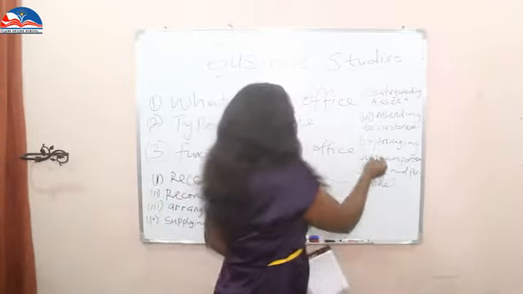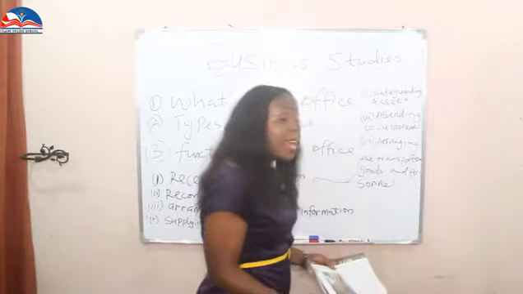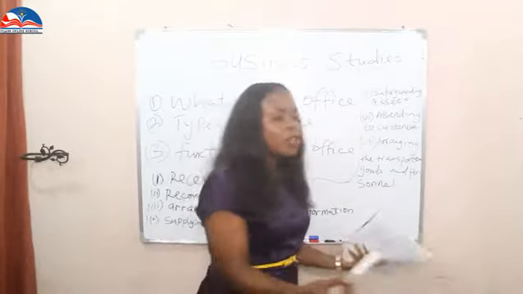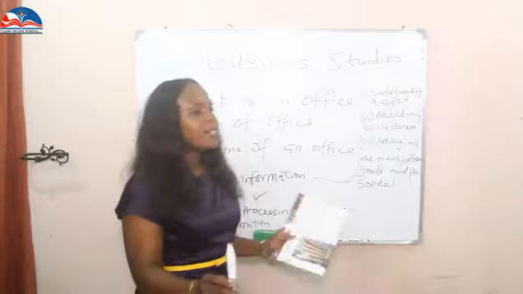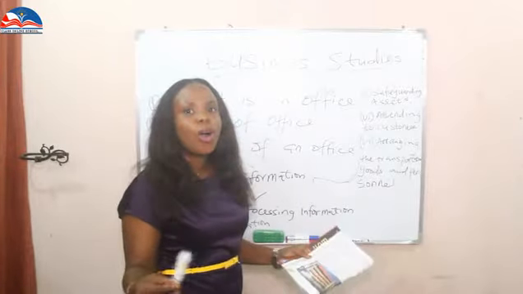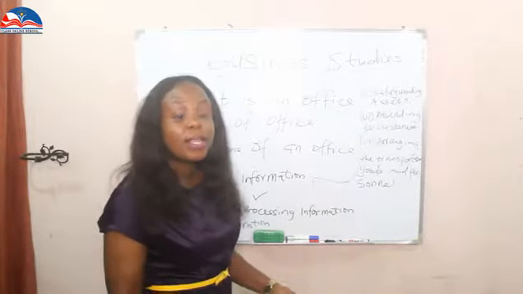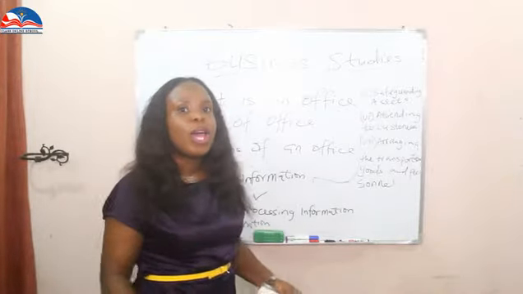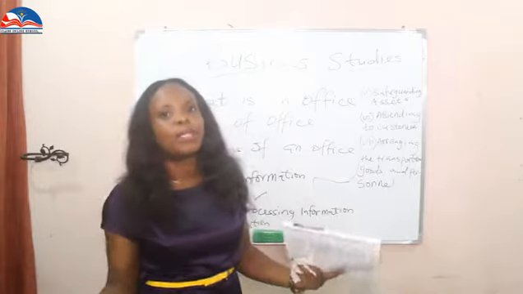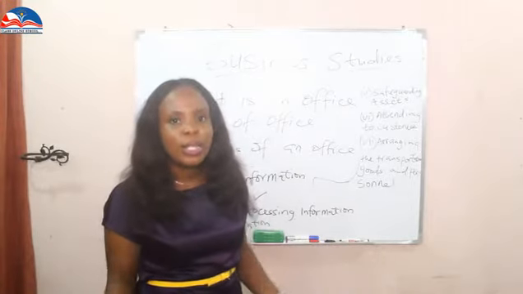Then the sixth one has to do with attending to customers. If you have ever gone to an office, you meet somebody that is called a customer care service agent. This person is the one you meet to give you overall information about the business, about the organization.